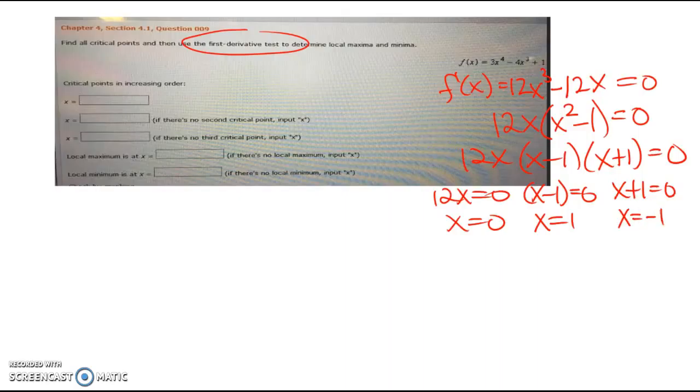So I have critical points, and if we want to write them in increasing order, it would be negative 1, 0, and 1, right? But he wants us to use the first derivative test, so I kind of like to set up the intervals: negative 1, 0, and 1. Let's see what's going on.